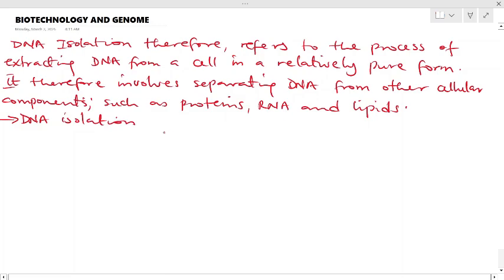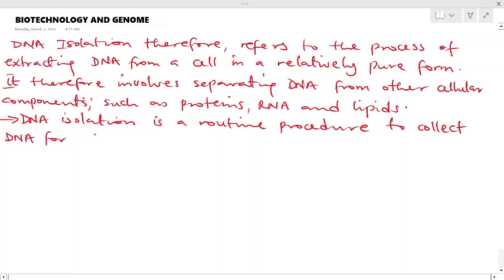DNA isolation is therefore a routine procedure to collect the DNA. Why do we want to collect the DNA?